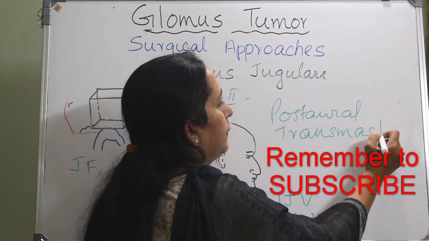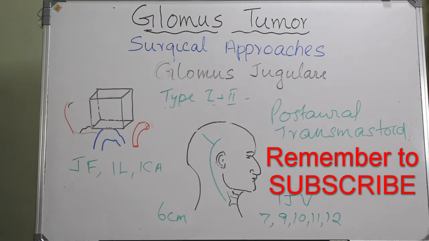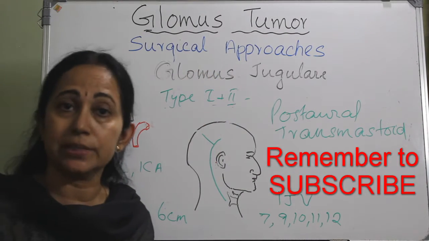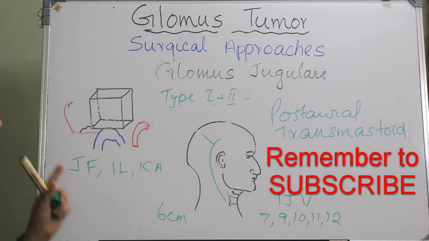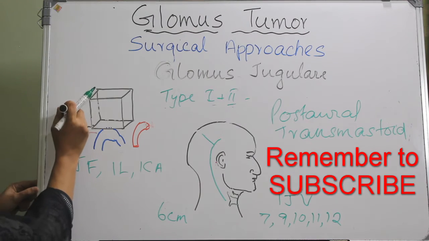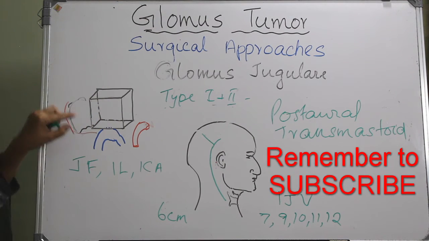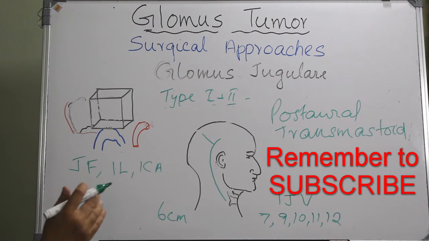So after doing a complete extended mastoidectomy, the posterior canal wall is preserved. Then you do a complete mastoid exploration, and the posterior wall of the mastoid is related to the sigmoid sinus.